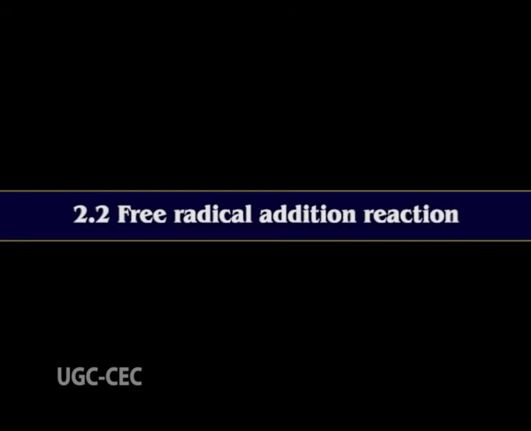Now, free radical addition reactions. Free radical addition reactions occur either in the gas phase or in an inert nonpolar solvent in the presence of ultraviolet light or diffuse sunlight, heat, or other radical sources like peroxides.